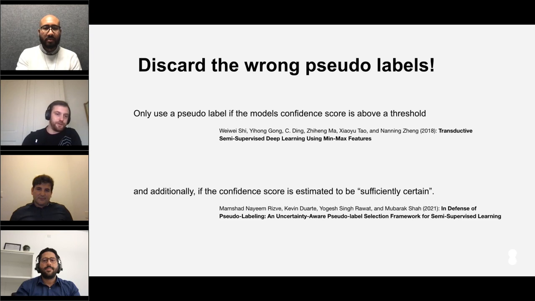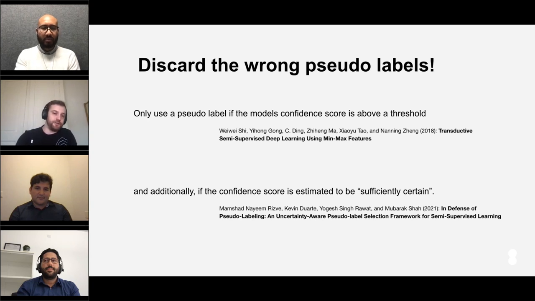So one basic idea is to also use the model's confidence score. If the model says, hey, this is a dog with a probability of 51%, then we are not using that pseudo label because we think it might be wrong. A follow-up idea is that even if the confidence of a model is high, the output might still be wrong because it might be wrongly highly confident.